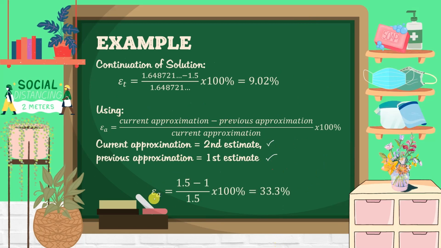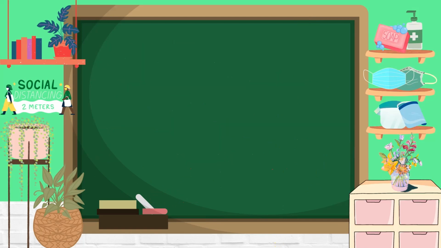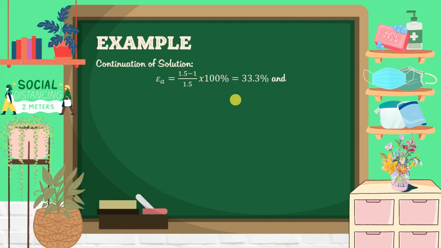It will simply be epsilon A is equal to (1.5 minus 1) all over 1.5, which is (CA minus PA) all over CA. So you will notice that the epsilon A value is still greater than epsilon S. So hindi pa natin nasa-satisfy yung equation na less than.